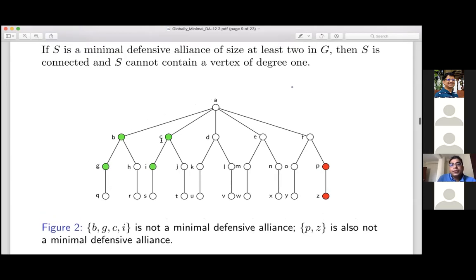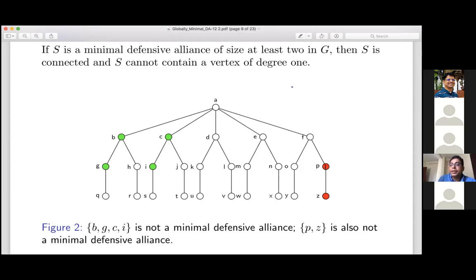Okay, the other thing, these are easy observations but important. The other thing is that S can't contain a vertex of degree 1. Let me consider this: this is a defensive alliance, but this is not a minimal defensive alliance because you can see that PZ is a defensive alliance, but Z is also a defensive alliance.